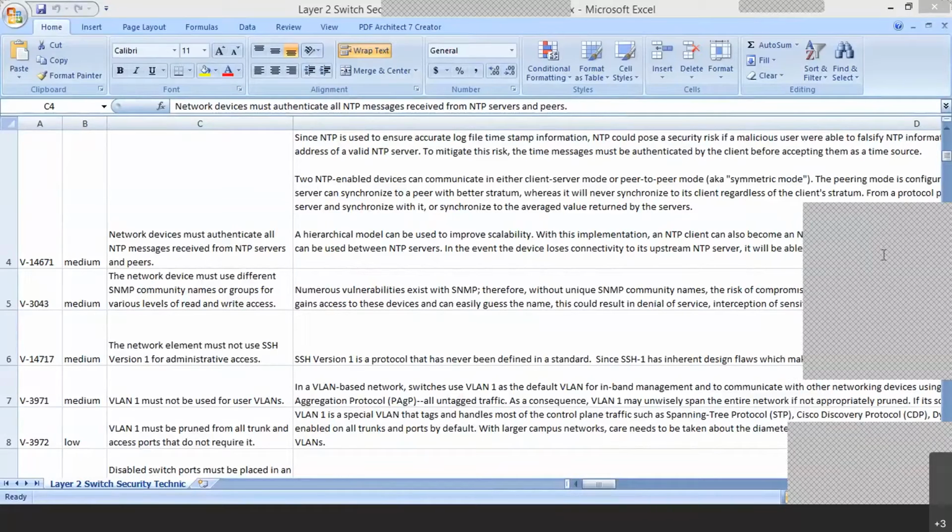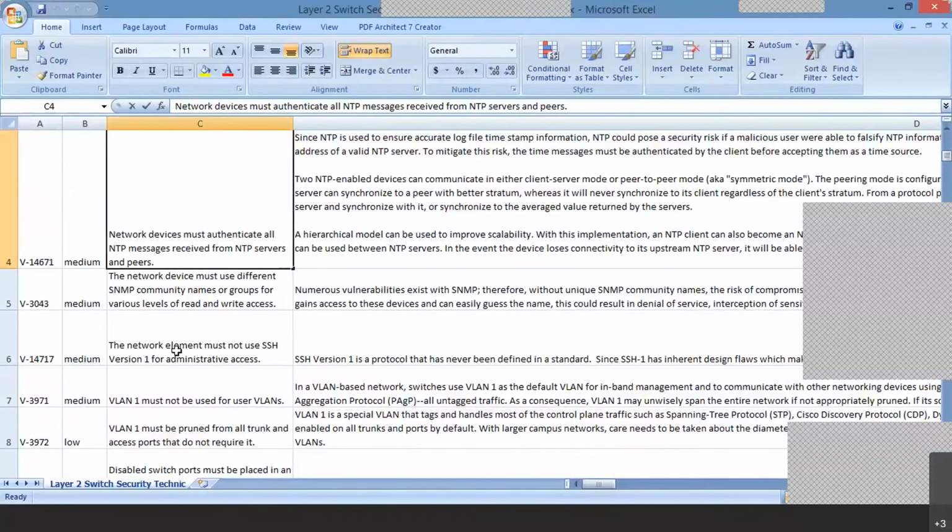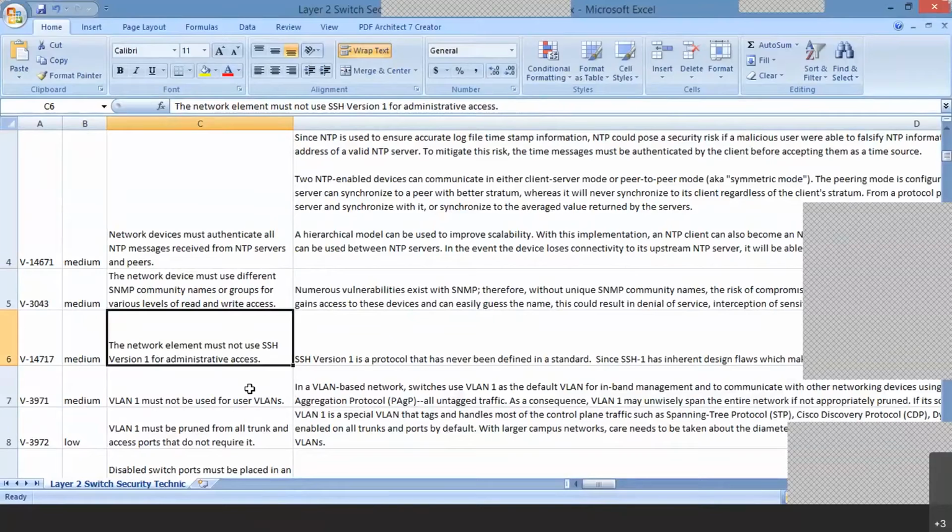Coming to the next one: network elements must not use SSH version 1 for administrative access. As I discussed, SSH version 1 is still prone to plain text communication.